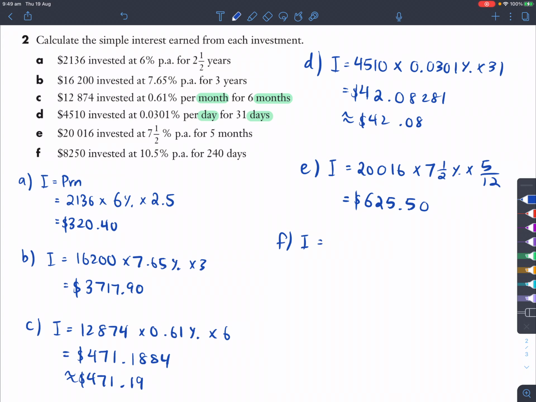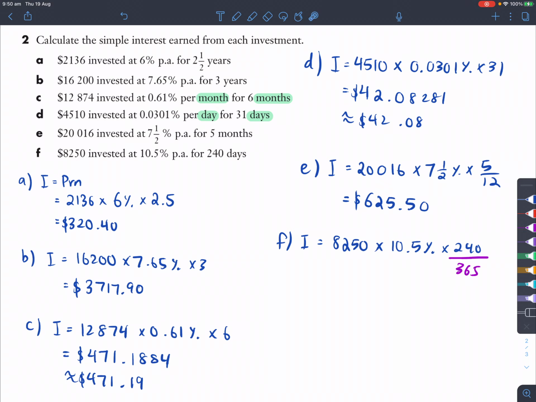So we're going to start off by writing 8,250, and multiply this by 10.5%. But we're going to times by 240 days, and if we convert that to years, we have to divide by 365.